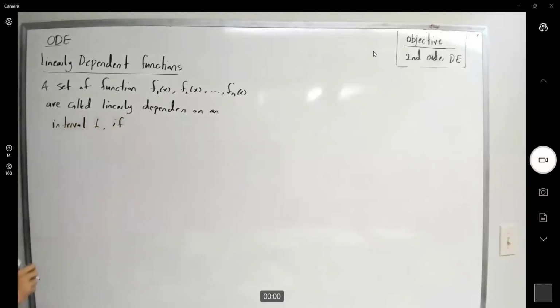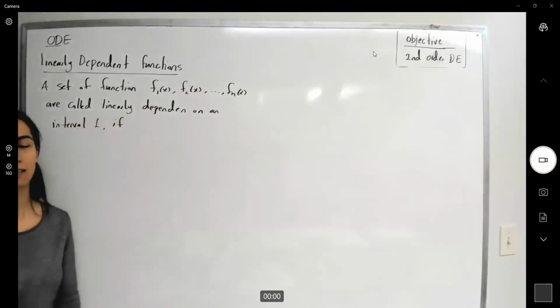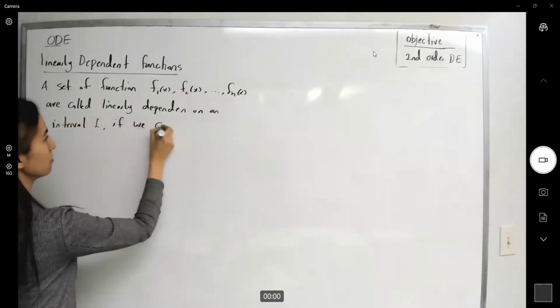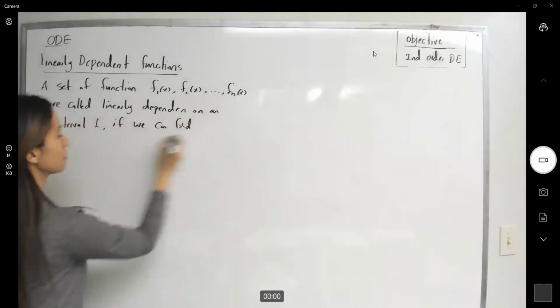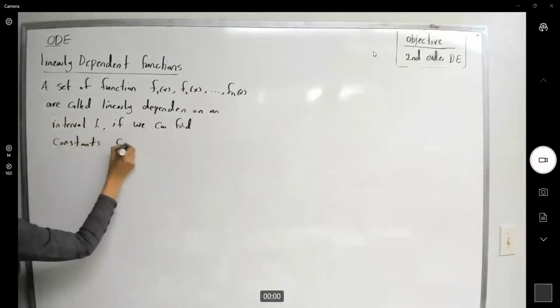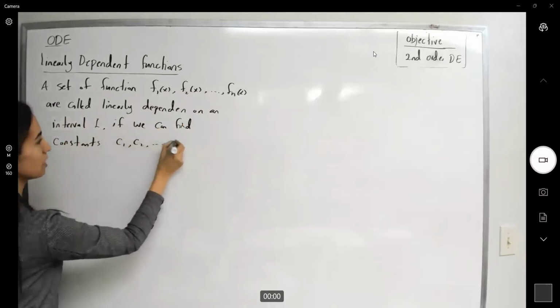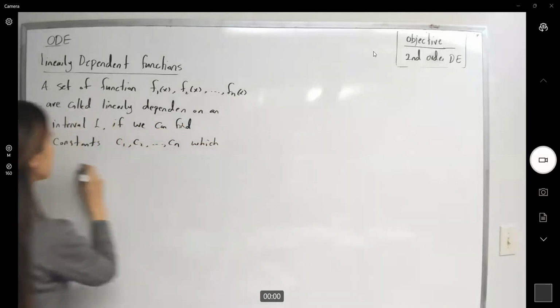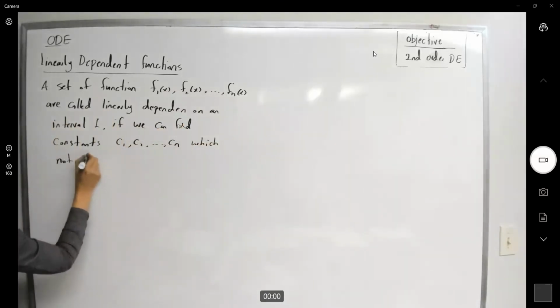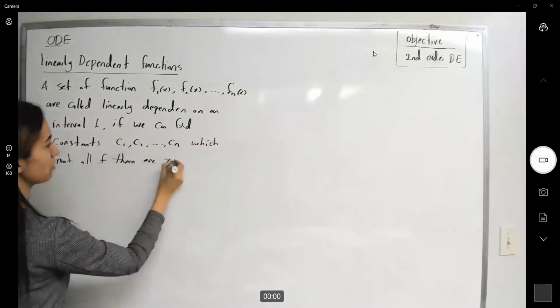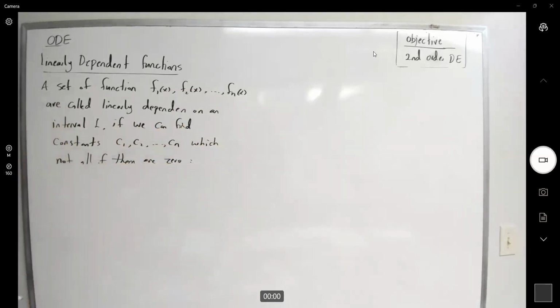if we can find some constants, like C1, C2, Cn, which not all of them are 0, and we have the following case.